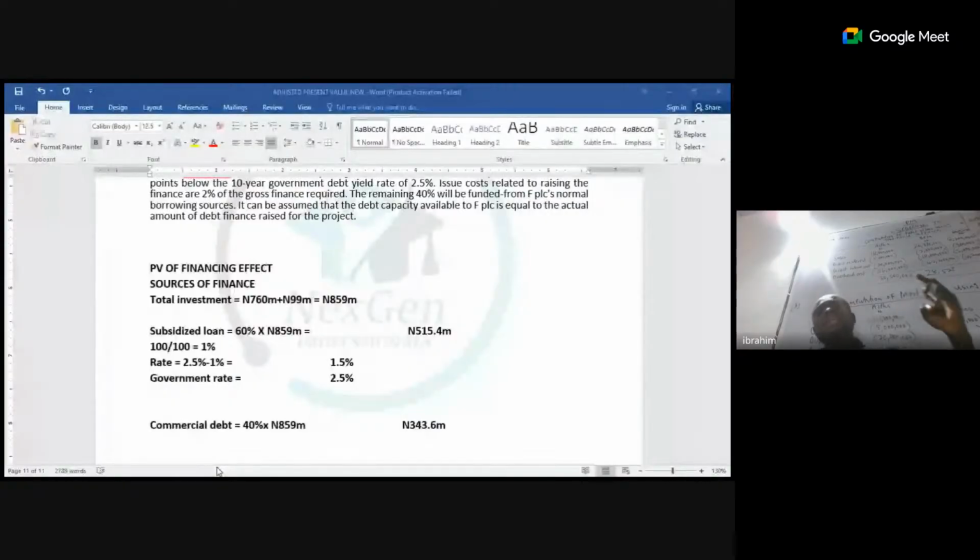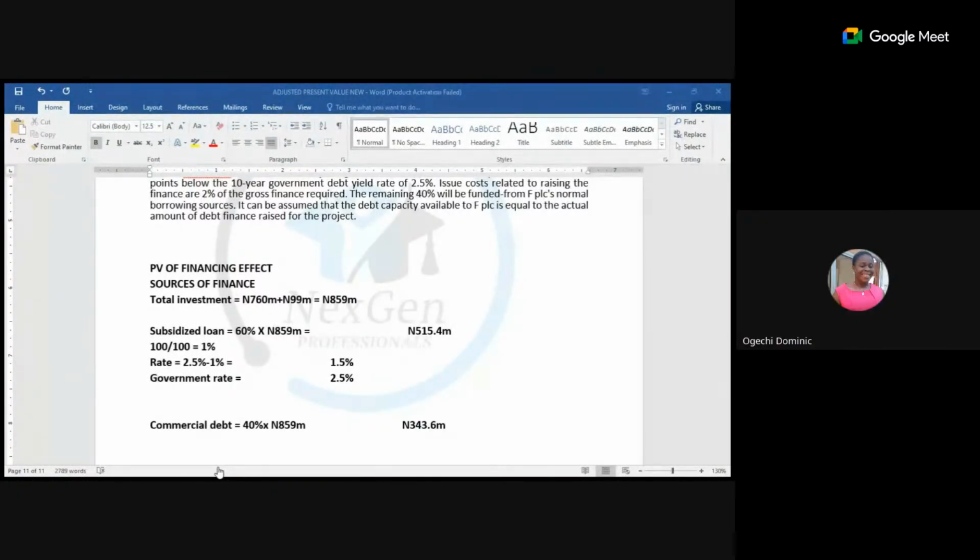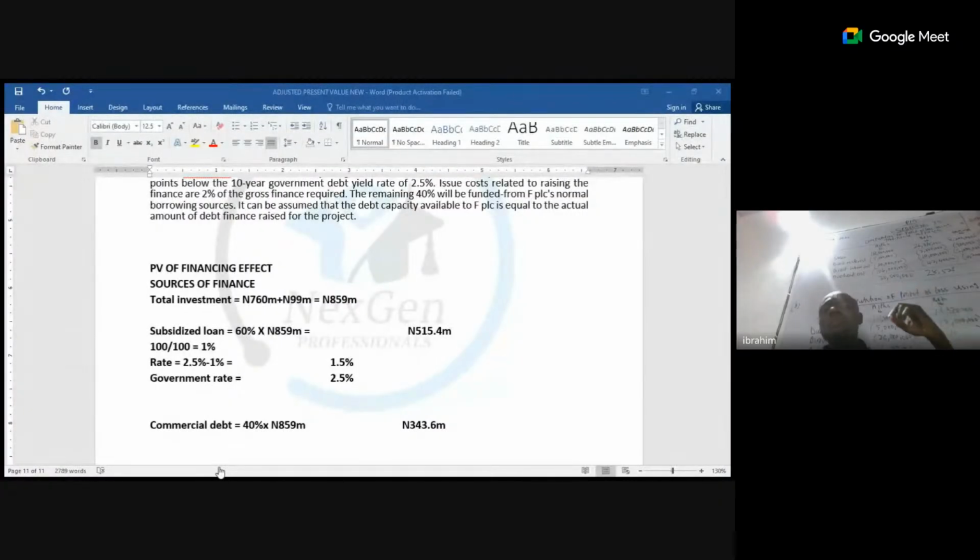So meaning that the commercial rate includes the subsidized rates and the MPR rate to give us that 30% that the bank is lending. Class, am I communicating? No, sir. Let me explain again. Take it back.